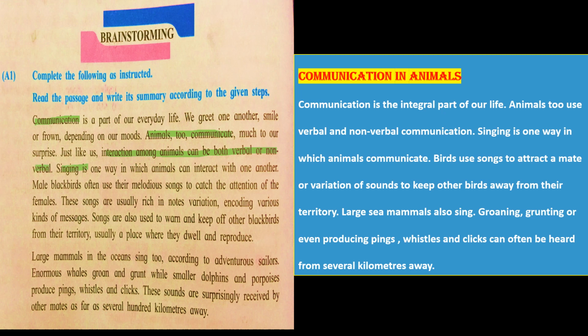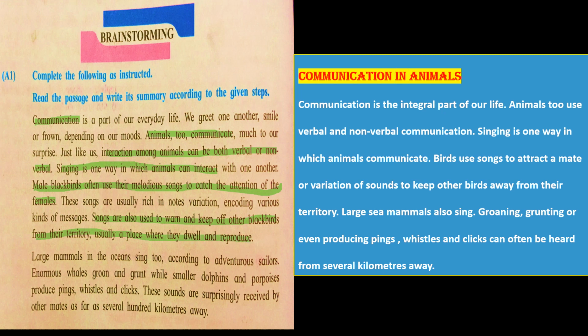Singing is also one way in which animals can interact. Then examples are given. So this male blackbird uses melodious song to catch attention of the females. Now this is again about songs, so you can omit it. It is mainly used to warn or keep off blackbirds from their territory, usually a place where they all dwell and reproduce.